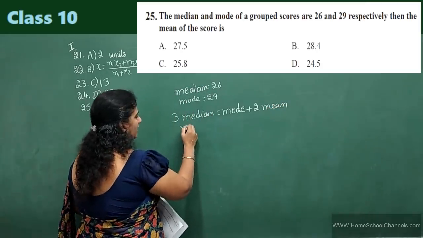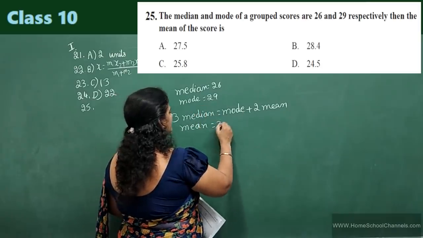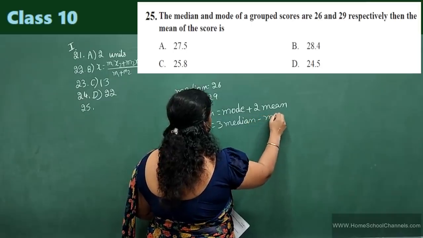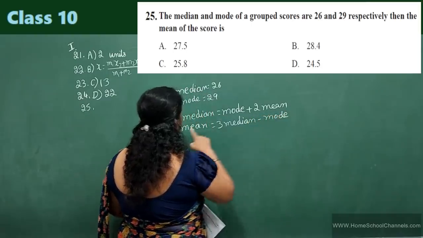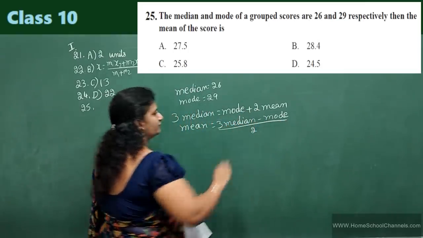Okay, we need mean. So mean is equal to, bring this side, 3 median minus mode. I need only mean. Here 2 mean is there. So by 2.